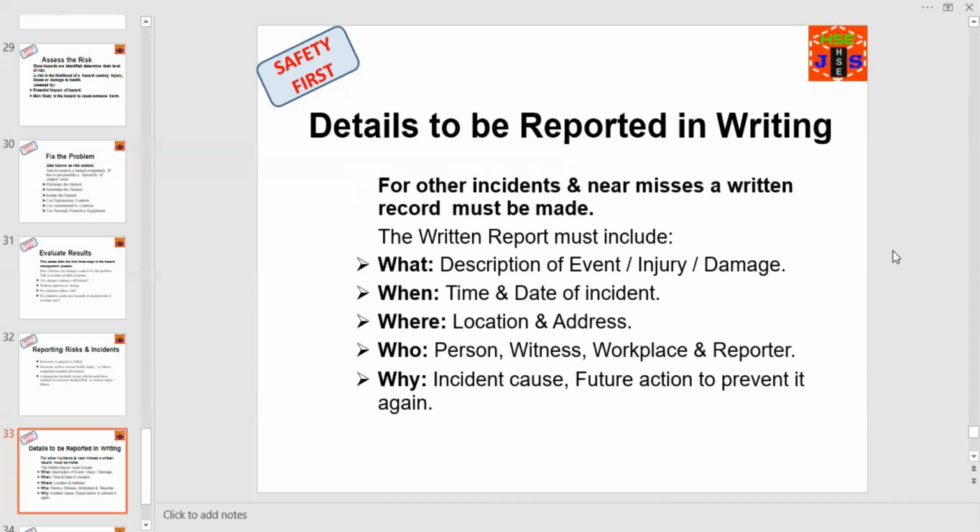The location of the site and address. Who? How many persons, what are the names of the witnesses, workplace, and reporting personnel. Why? What was the cause of accident or incident. What is the action, and what are the recommendations to prevent reoccurrence in future.